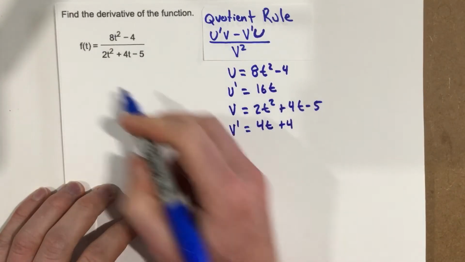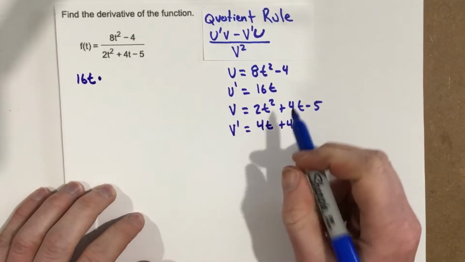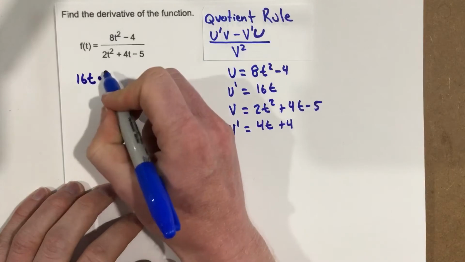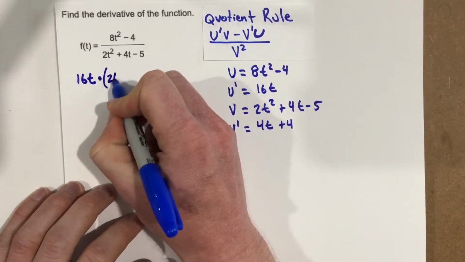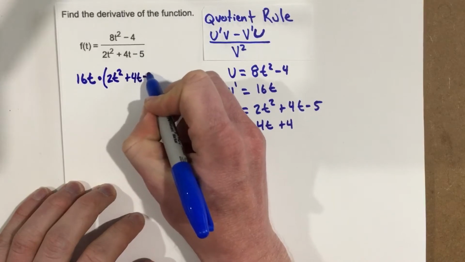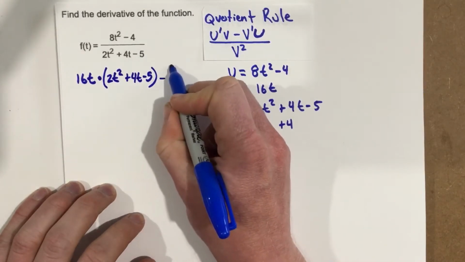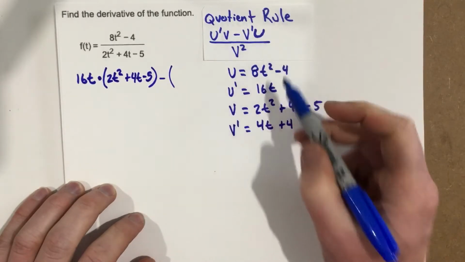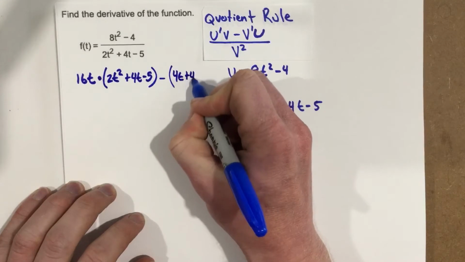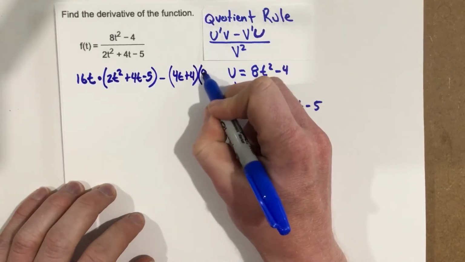So let's go through the quotient rule and use it. U prime is 16t, so we can write 16t times v, which we know v to be 2t squared plus 4t minus 5, minus v prime, which is 4t plus 4, times u, which is 8t squared minus 4.